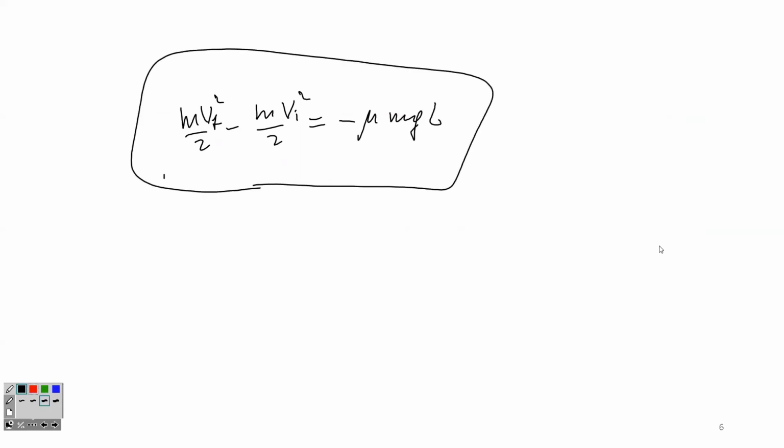And in this equation, I can cross it out. And I can multiply by 2 to simplify both sides of this equation. And then go ahead and finish it. Okay, that makes sense. All right, good.